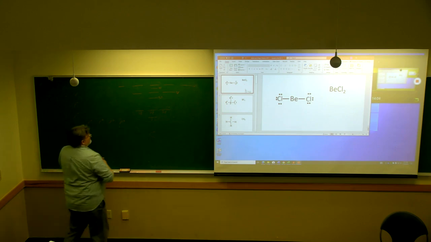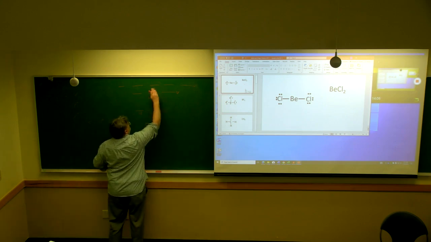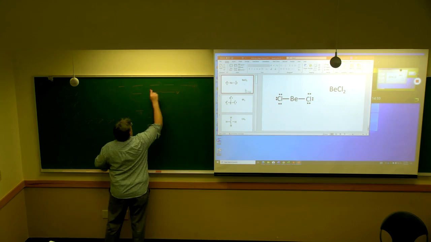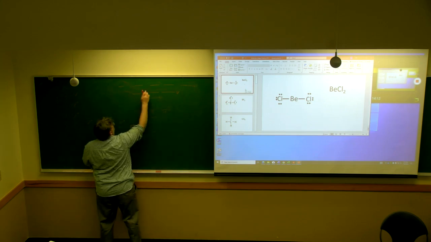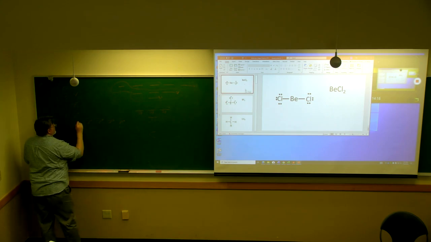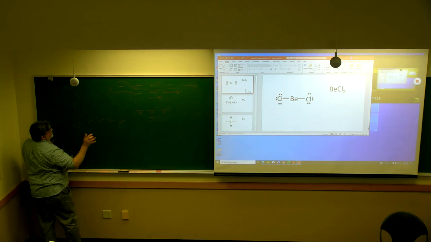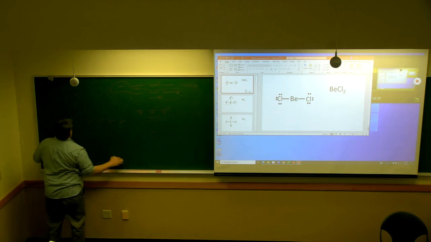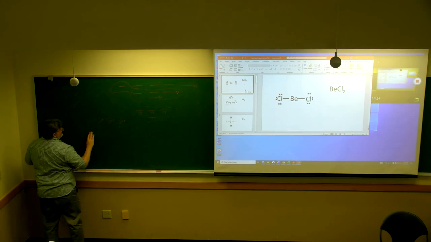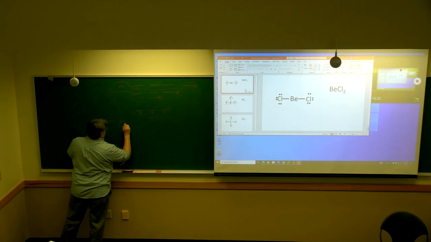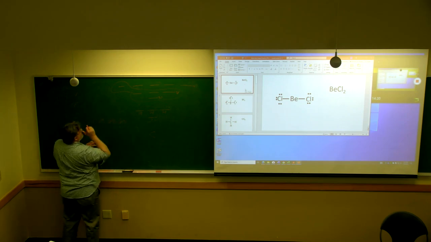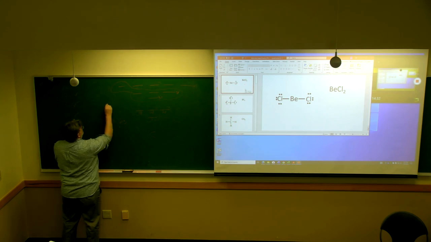It manages to do that because then you can get like that, and you have sp3d orbitals hybridizing. This might not make sense. Do that, and you still have 4 d orbitals up there.